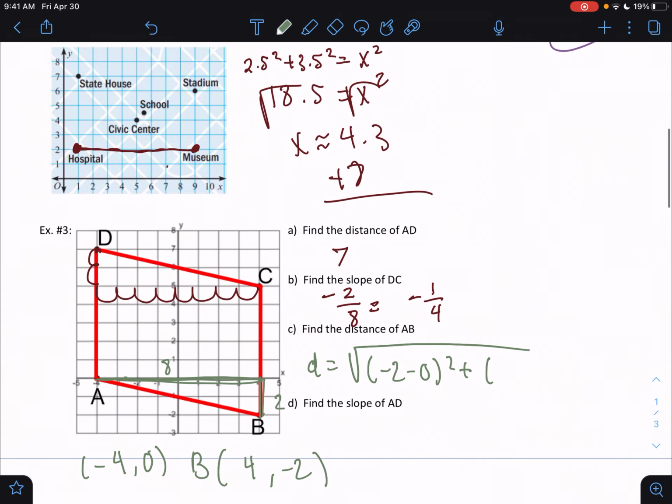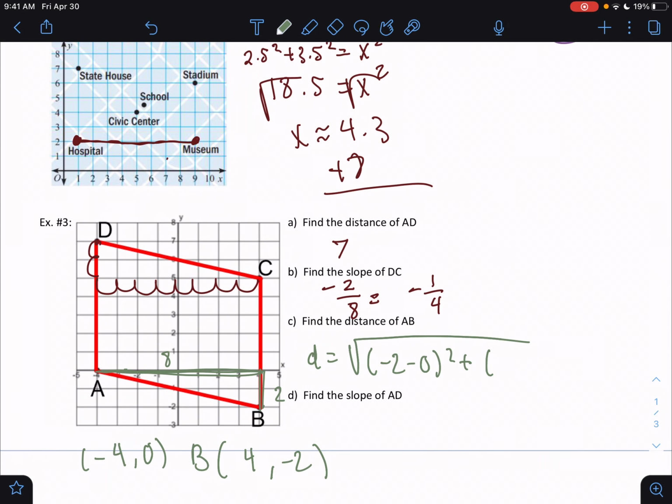I did the y's first. Doesn't really matter the order because you're just adding them in the end. We will do the x's first, so 4 minus negative 4 squared plus negative 2 minus 0 squared.